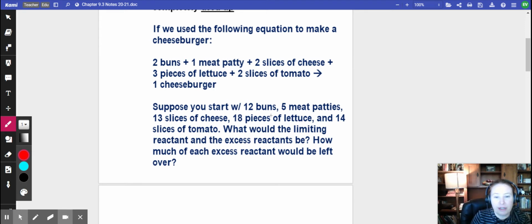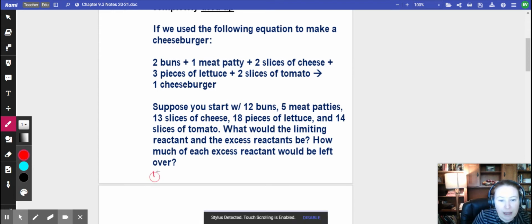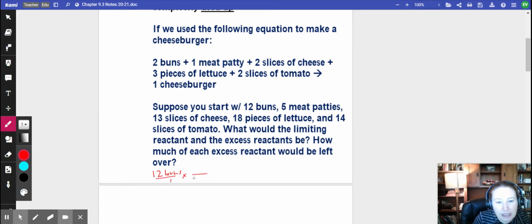So, for example, 12 buns over 1, we would say that we need 2 buns to make 1 cheeseburger. Now we don't have to write this out for every single one of these, but this is in the chemistry equation how we would solve it. The buns cancel, right? And 12 divided by 2 means I can make 6 cheeseburgers with 12 buns.